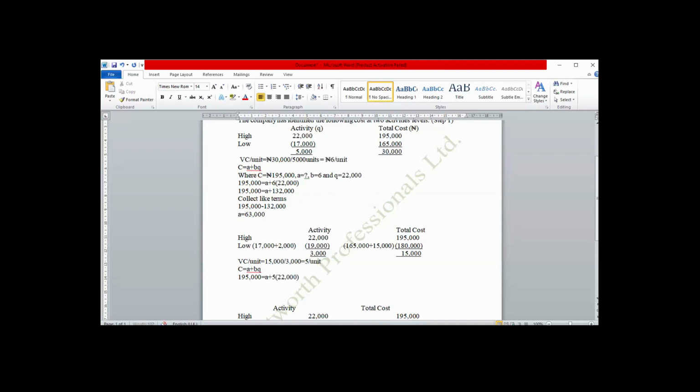What do we have? 195,000 equals A plus 5 times 22,000. What do we have? 110,000.